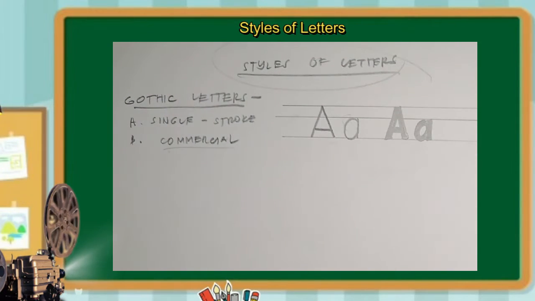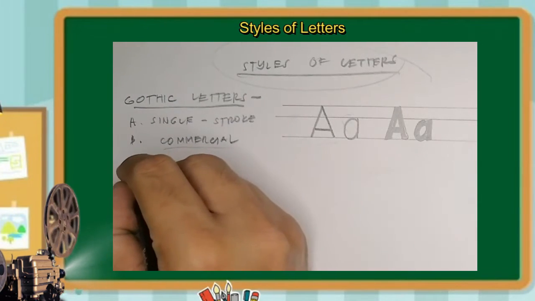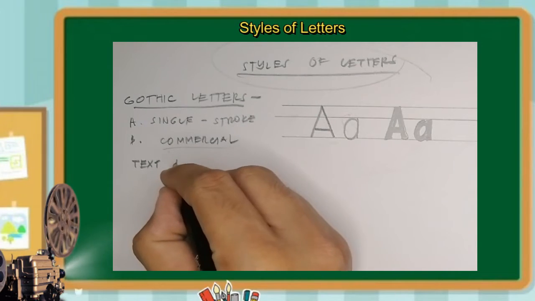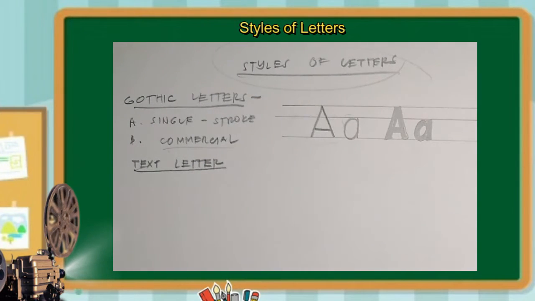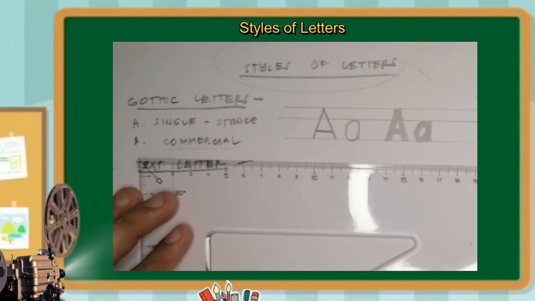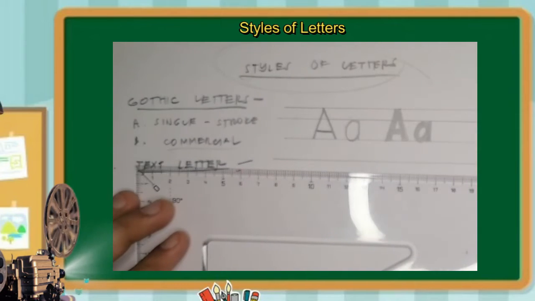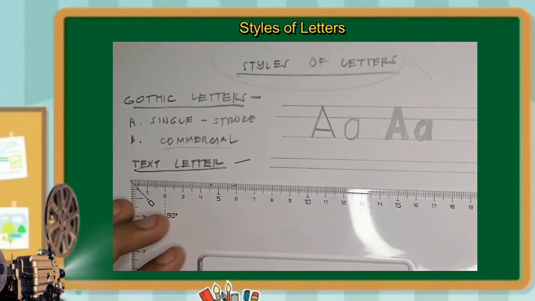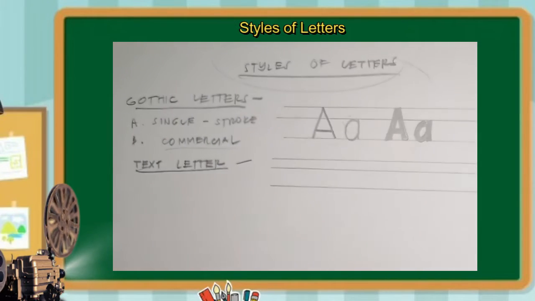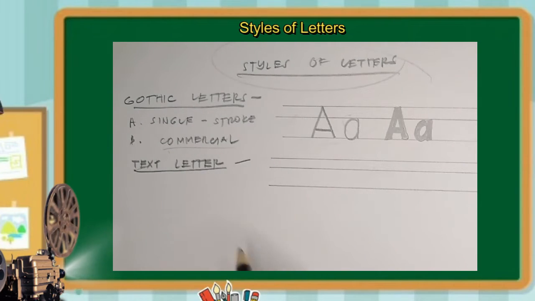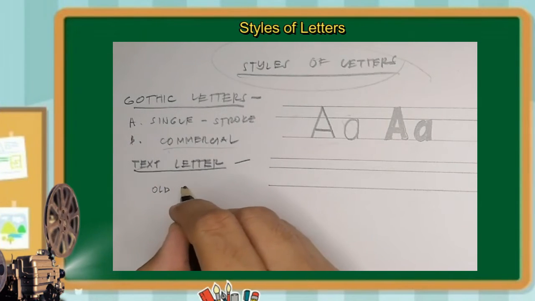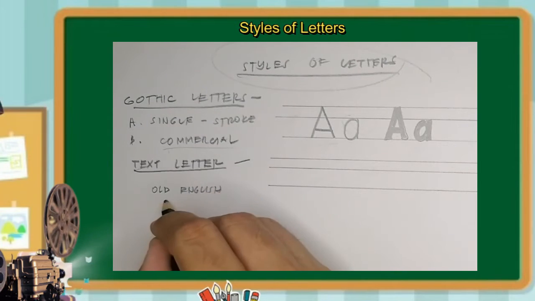The next style of letter is what we call the text letters. Normally, in using text letters, what we use is what we call the speed ball pen, or what we call the calligraphy pen. In text letter, we have what we call the Old English text letter.